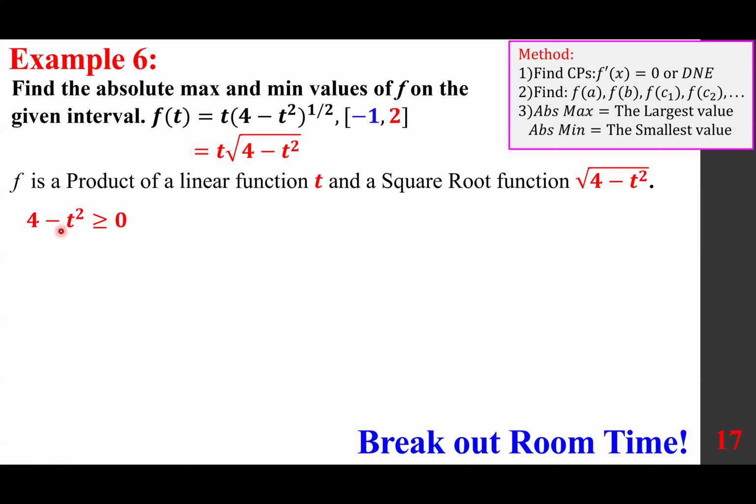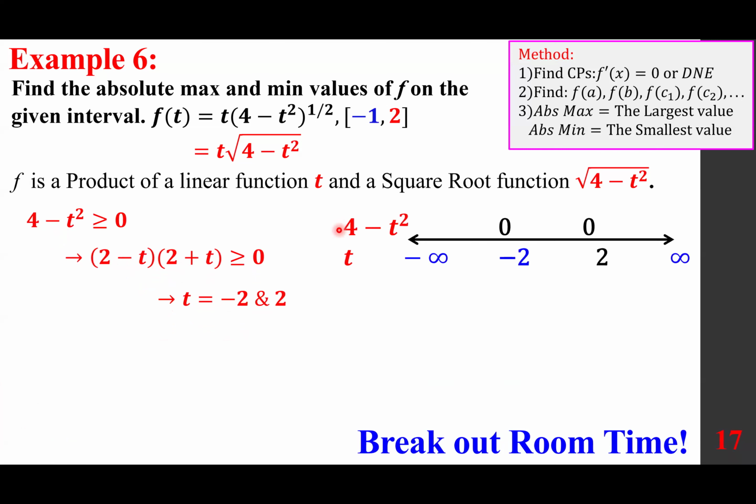So 4 minus t squared larger than or equal to 0. We are going to factor this into 2 minus t and 2 plus t. Setting each one equal to 0, this gives you 2, and this gives you -2. And now we use what's called a sign graph. A sign graph consists of a number line from negative to positive infinity.